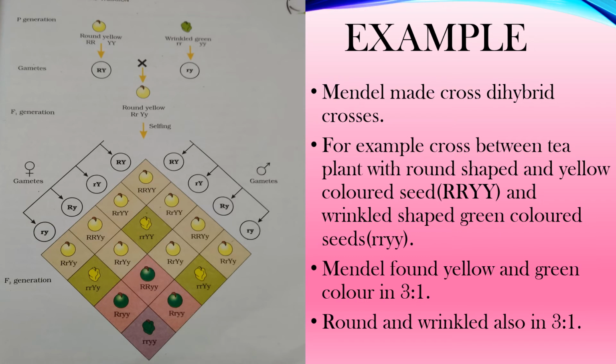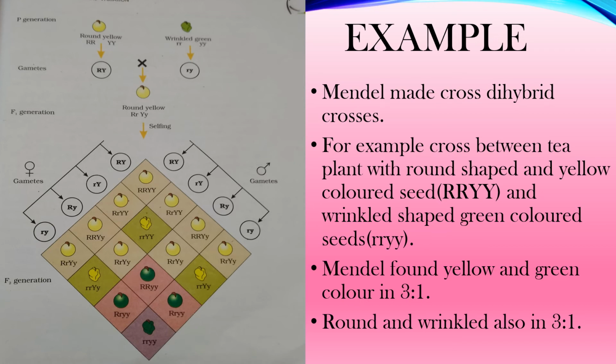So here you can see 9 are round and yellow, and 1 is wrinkled and green. These are the parental combinations, because parents were round and yellow and wrinkled and green. So round and yellow were obtained as 9 and wrinkled and green as 1.